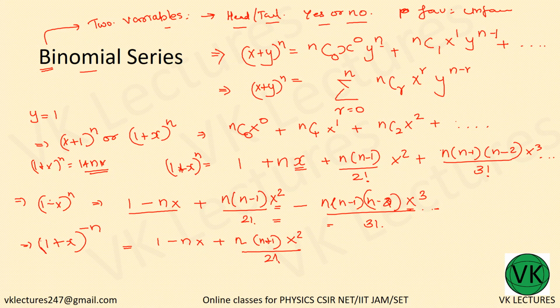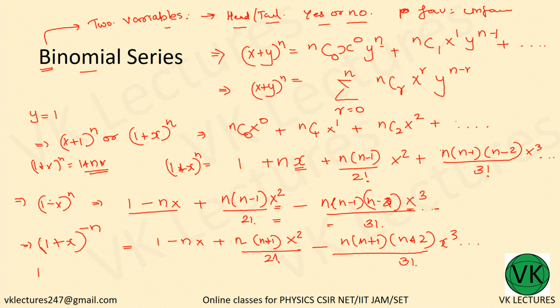Here 3 terms would be there, so definitely you will have minus, so minus n into n plus 1 into n plus 2 divided by 3 factorial into x cube.